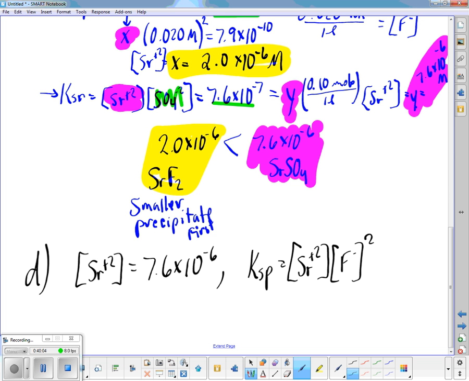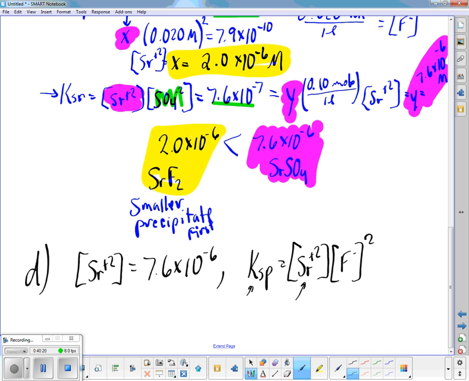So it wants to know when the second precipitate starts to precipitate out, how much of the fluorine is left. So I now know this KSP, I know this, I'm now solving for F minus.